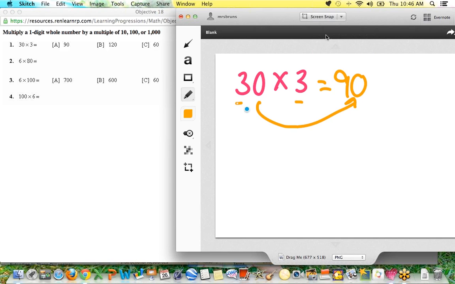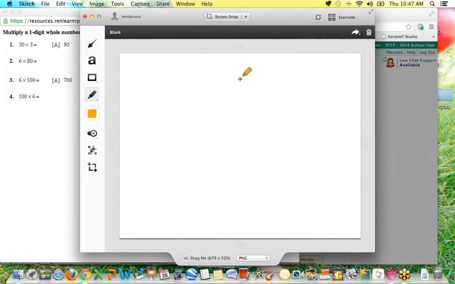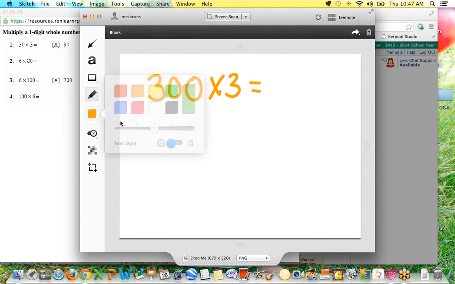Okay, good. All right, let's take that same basic problem and let's do 300 times 3. When you have numbers that end in zeros, again, it makes it really simple. Ignore them for just a second, not forever, but for a minute.